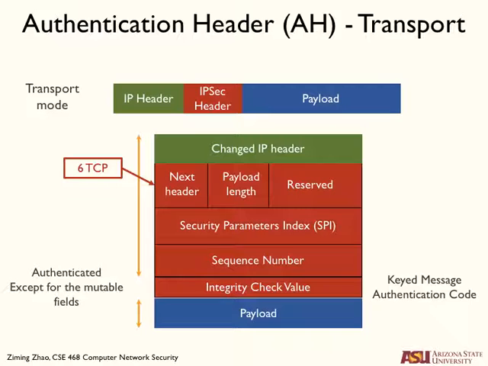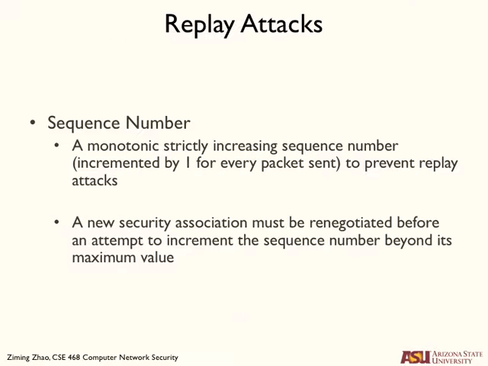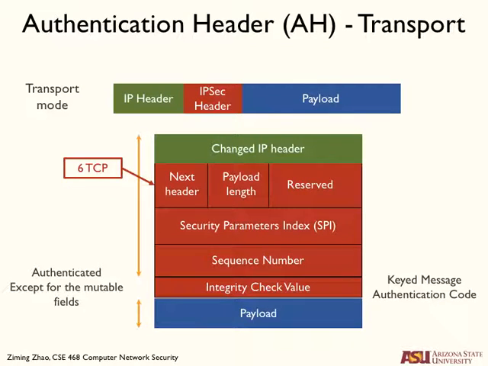So in the authentication header protocol, all these parts, starting from the original IP header to the payload, are authenticated using the algorithm we talked about before, the keyed message authentication code. So all of them are taken as input and generate one hashed message, and that hash message in the protocol is called the integrity check value.